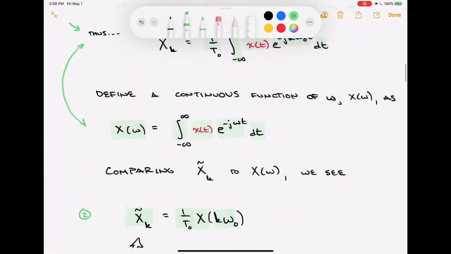In other words, if I came back up here to my x of omega and took a look at it at omega equaling k omega naught, and then took that whole thing and multiplied by 1 over t naught, what I would find is that I'd get x tilde of k. It just would be that continuous time underlying distribution, sampled at different values, k omega naught, and then scaled in amplitude by 1 over the period, 1 over t naught.